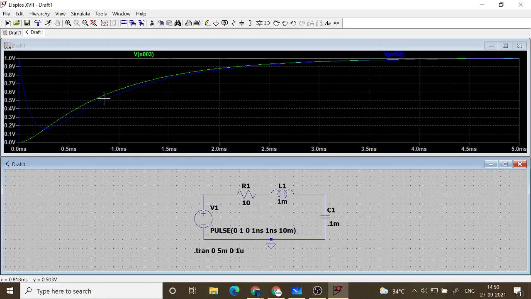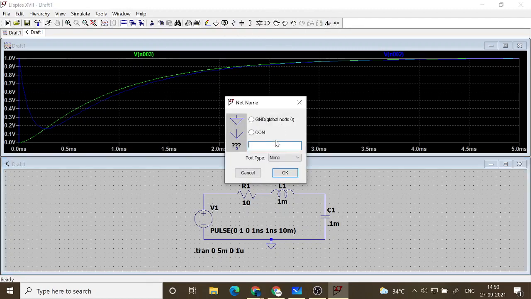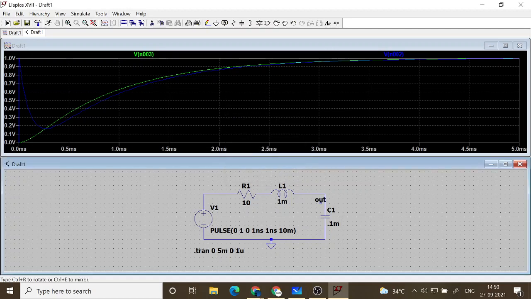Okay. If you want, you can put a label also here. So you can put like out, and then you can plot this voltage. So this is the V out, which is shown in green.